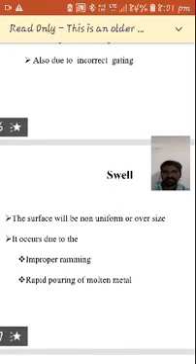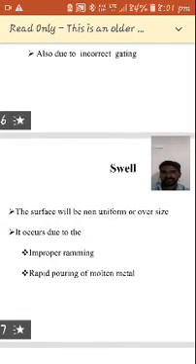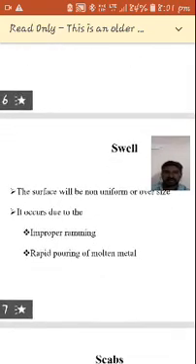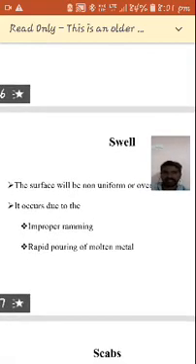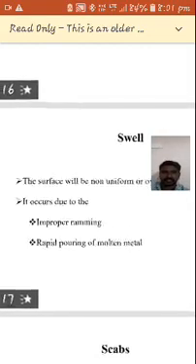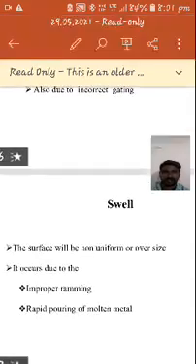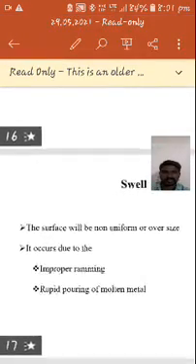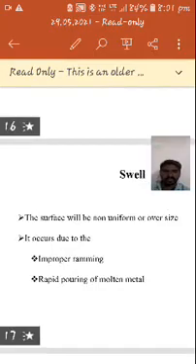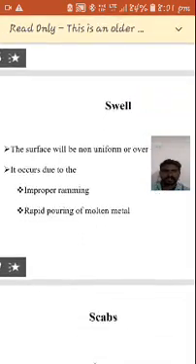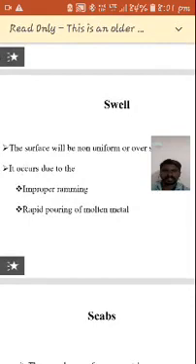If the mold cavity is oversized, we can also get swelling. It occurs due to improper ramming and rapid pouring of molten metal. If molten metal is poured quickly into the mold cavities, the swell may arise. It is the opposite of shrinkage.